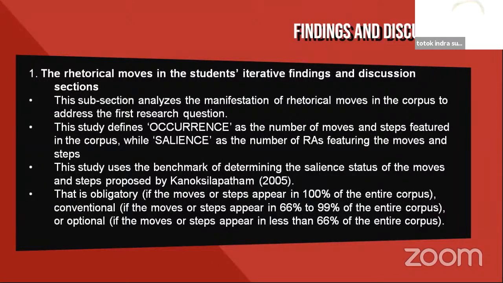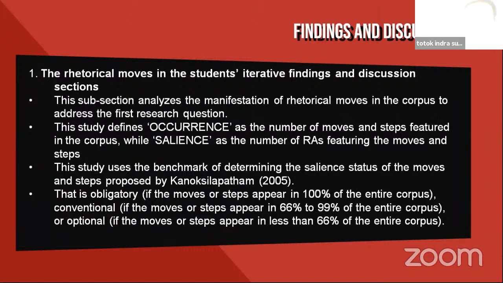If the move and the step appear in 100% of the entire corpus. So if the students use all the moves and all the steps in writing the findings and discussion section, it is categorized as obligatory.